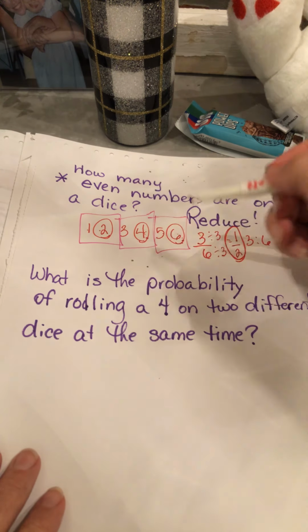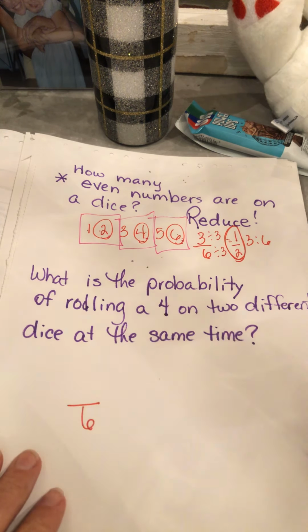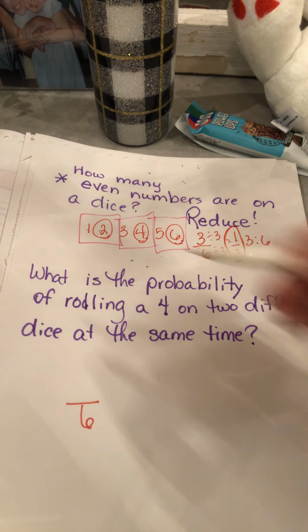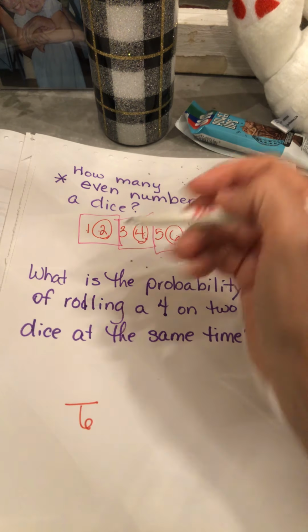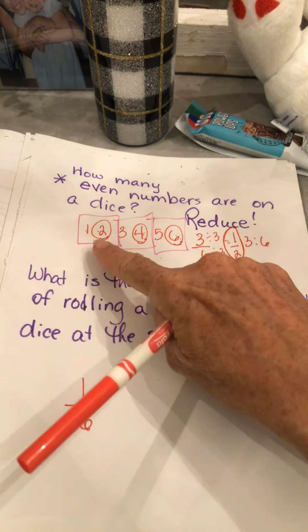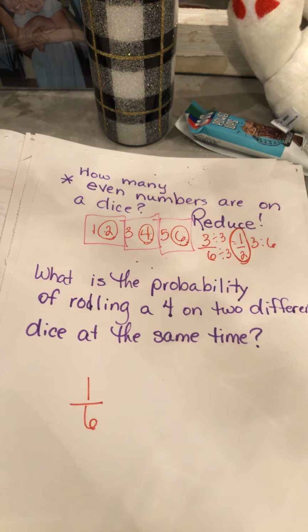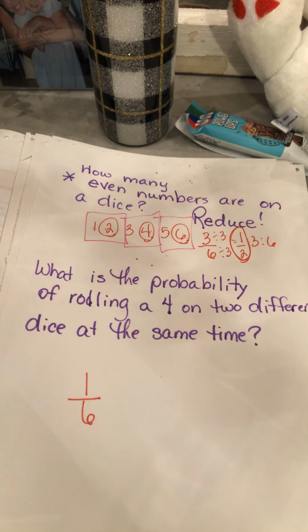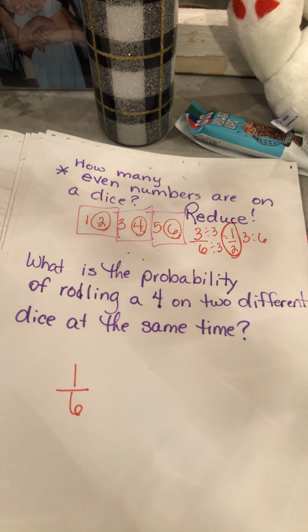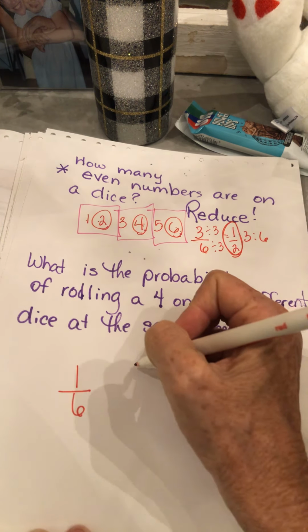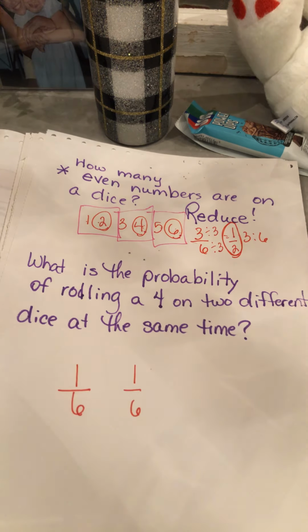There are 6 numbers. So I'm going to put 6 on the bottom. How many 4s are there? 1, right? There's 6 numbers, only 1 4. So 1 and 6. Now, what's the probability of another dice having a 4? Well, it's going to be the same thing, 1 out of 6.